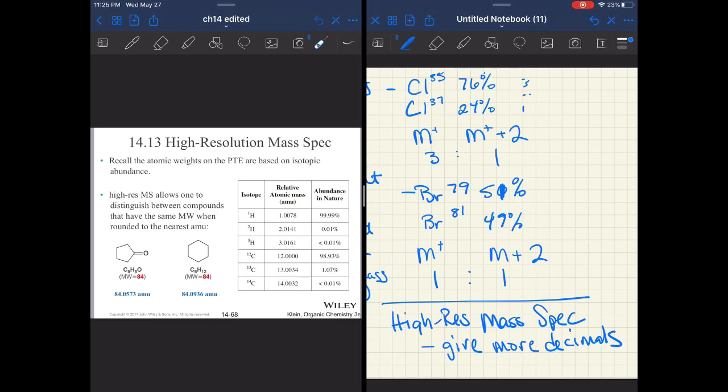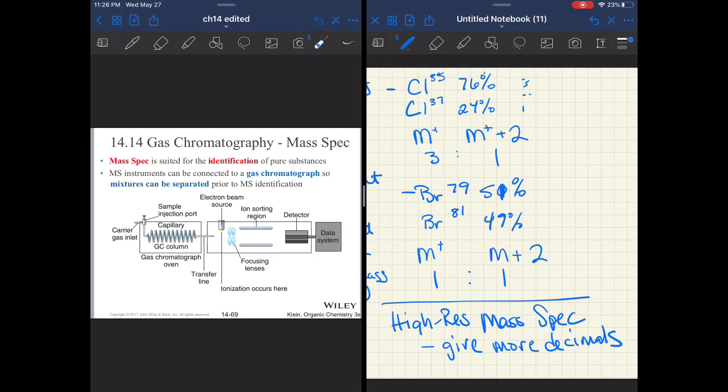However, high-res mass spec will take this out several places past the decimal, and because oxygen has a different molar mass than carbon and hydrogen, especially when you look further out, you can actually tell the difference between the pentanone and the cyclohexane. They do have different molar masses, but you need that additional resolution to be able to tell the difference. Now, you can't tell the difference between isomers, but you can tell the difference between compounds that have different elements and are just really close.